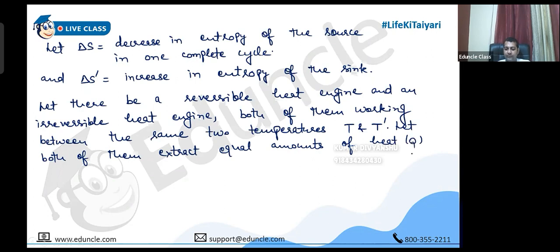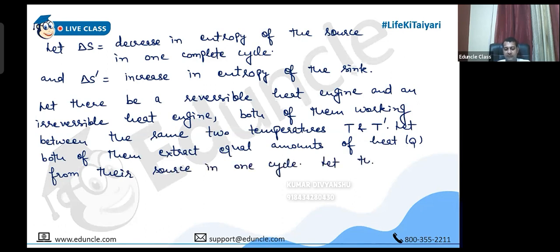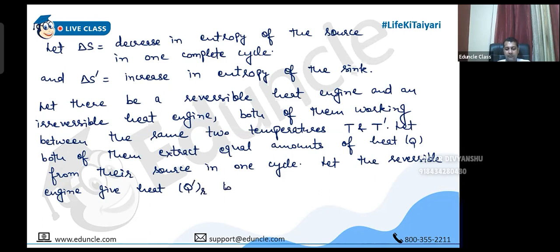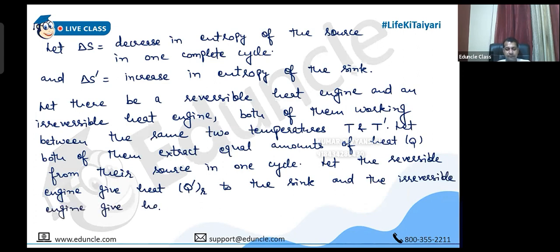Q from their source in one cycle. Let the reversible engine give Q dash R to the sink and the irreversible engine give Q dash I, I means irreversible.